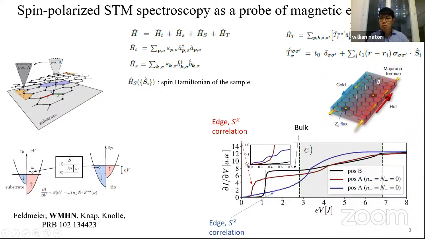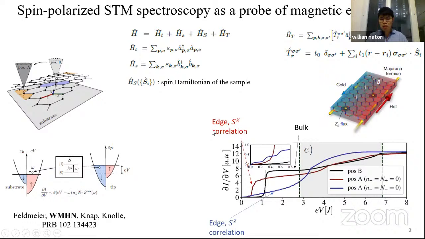To give a more precise goal, we try to see what would be the response of the edge states of the chiral spin liquid phase in the Kitaev model when it's subject to a magnetic field. And we indeed find some differences between the response in the bulk of the material, which is this black curve, in relation to what we find at the edge of the material, which are the red and the blue curves.